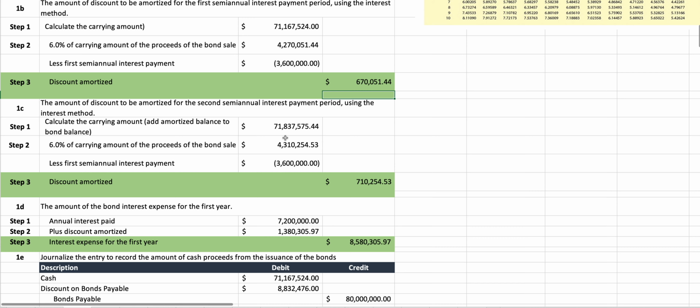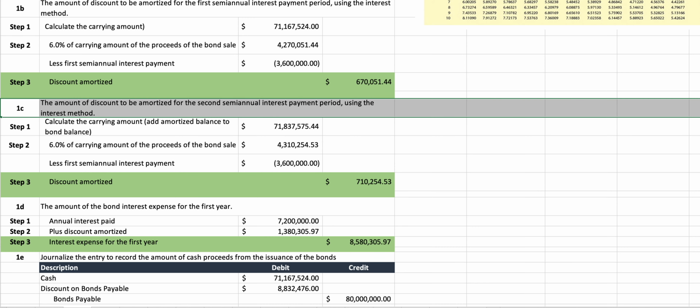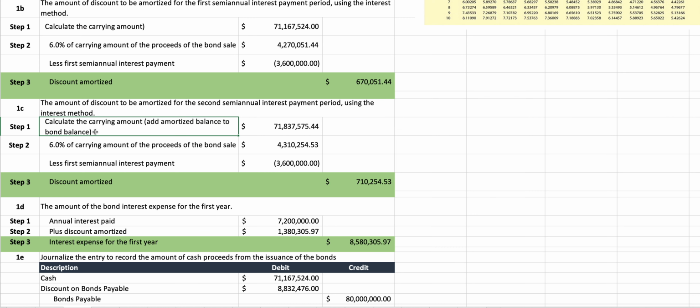Now we're going to move on to the third question, which is to amortize the discount for the second semi-annual interest payment. We're still using the interest method. We're going to calculate the carrying amount, and that's where we have to add our amortized balance to our bond balance. So if you notice, we're looking at 71.8 here.